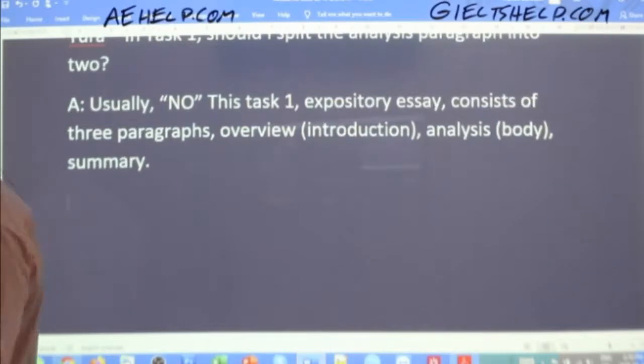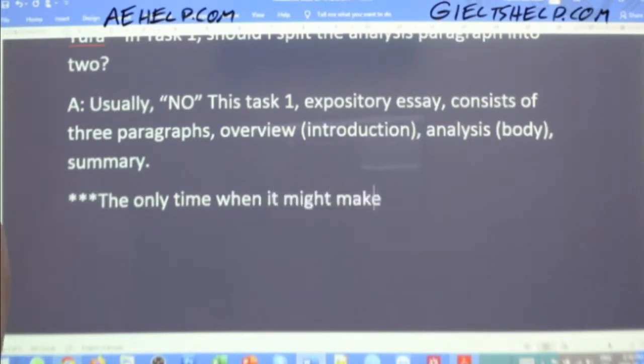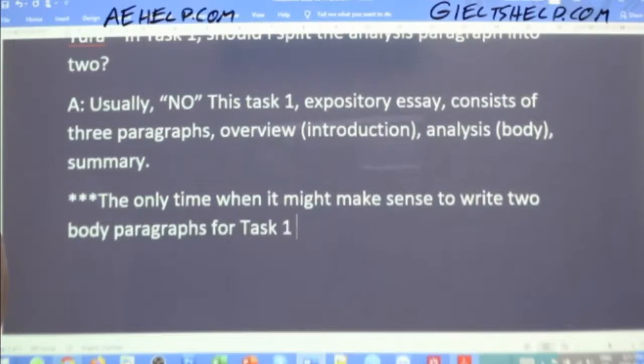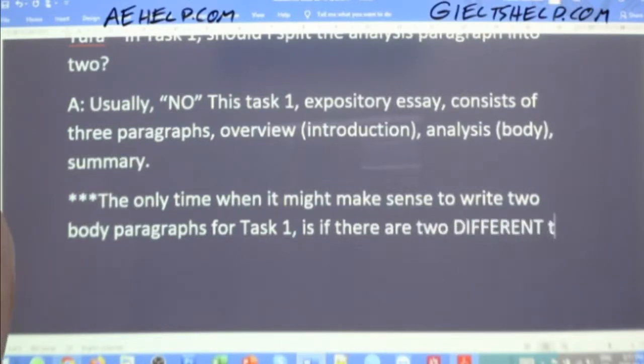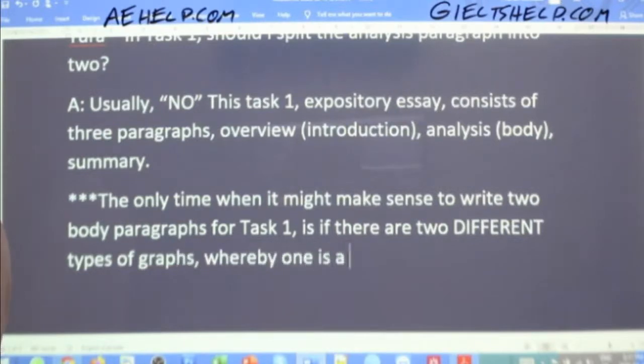Okay, and still the answer is no, except, the only time when it might make sense to write two body paragraphs for Task 1, which means splitting the analysis into two, is if there are two different types of graphs whereby one is an example of the other. Okay, so what do I mean by that?